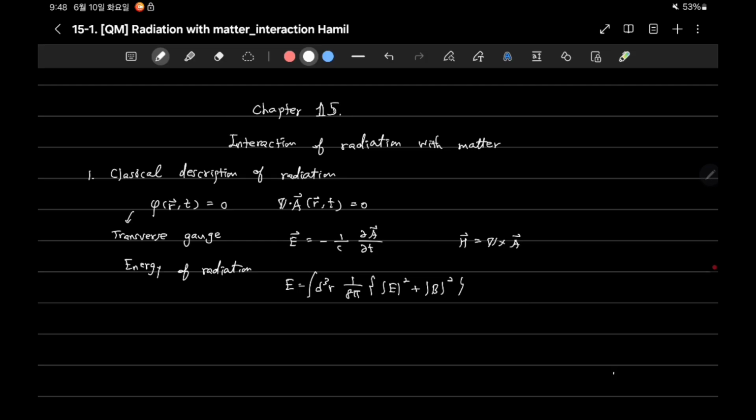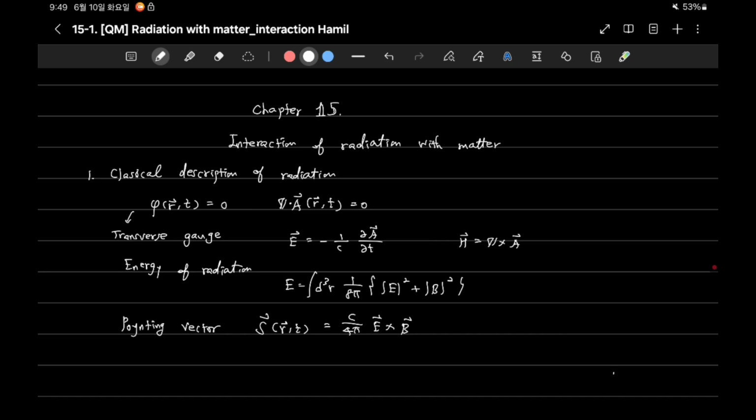And when we define the energy and there is energy transfer, we define the Poynting vector. The Poynting vector, as a function of r and t, is c over 4 pi times E cross B. Here is the definition of the Poynting vector. The Poynting vector is the energy current. The energy current has the E cross B direction.